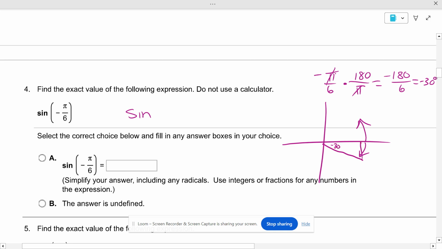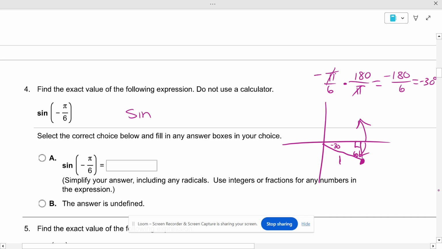Okay, -30 degrees. Now, what we want is our hypotenuse to be 1. So, if you think back to geometry, we had these 30, 60, 90 triangles, didn't we? Where, if that's 30 degrees, this would be a 60-degree angle to make 180 degrees.